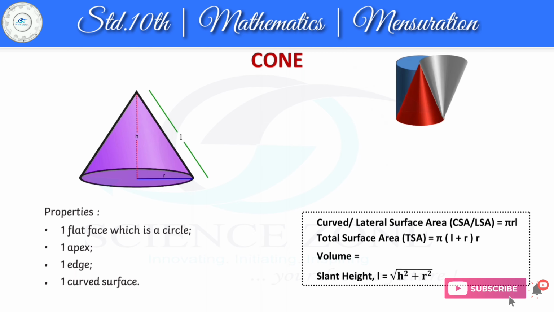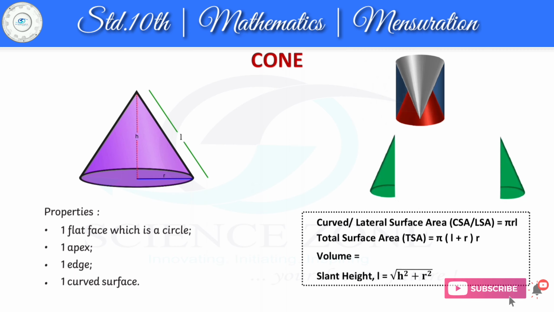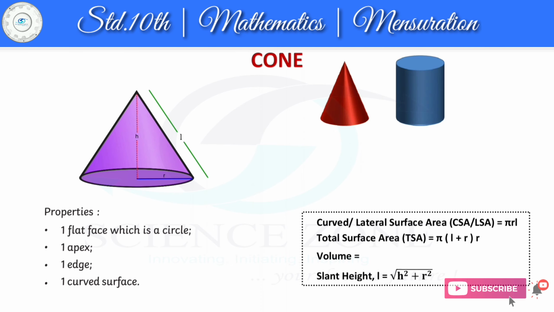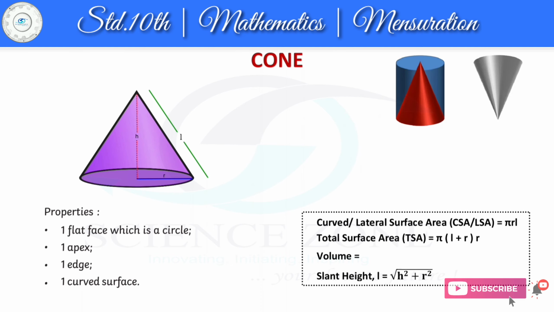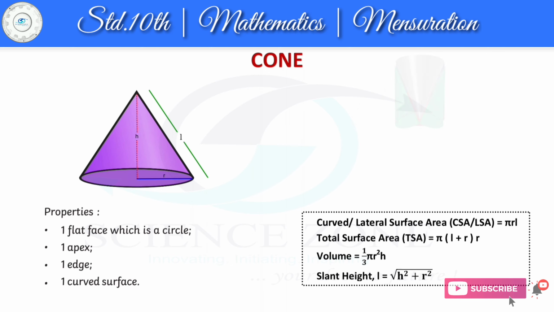Then the 3 cones when combined together form the cylinder. So we can say the formula for volume of a cone is 1/3 volume of cylinder. Volume of a cylinder is given by pi r square h. So the volume of a cone will be 1/3 pi r square h.